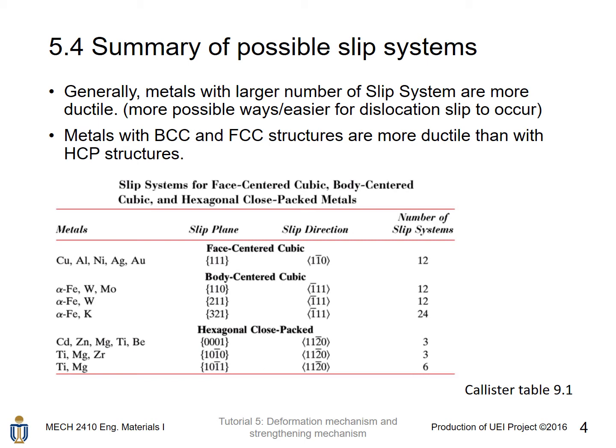You can observe it in the list here, which I copied from the textbook. And you can see that BCC and FCC crystal systems have more slip systems compared to HCP materials.